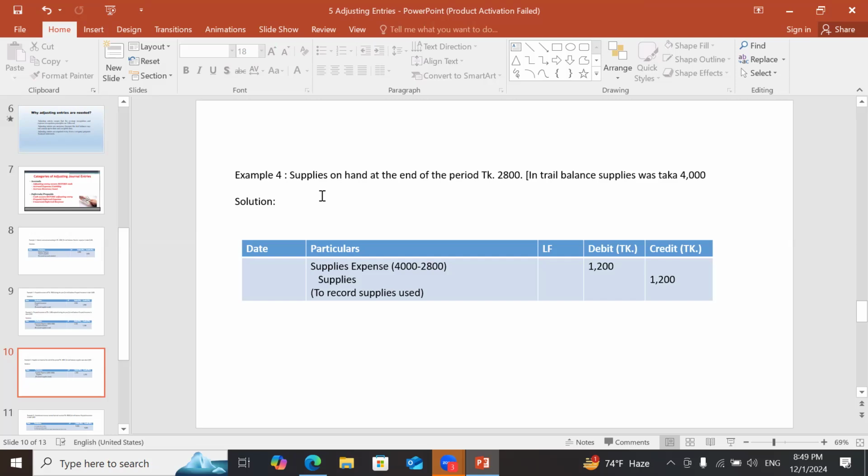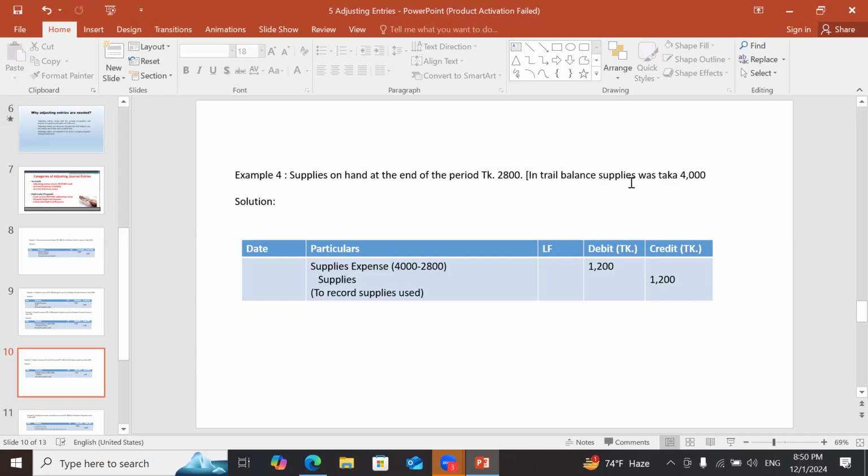But at the end of the month or year, in the adjusting entries, supplies on hand at the end of the period is 2,800. The remaining portion is expense.